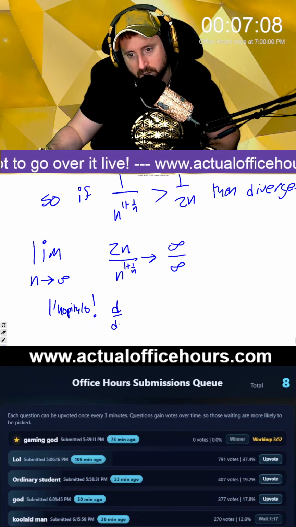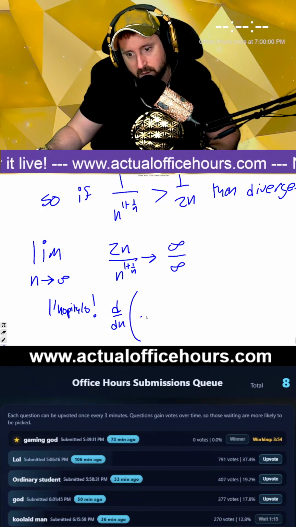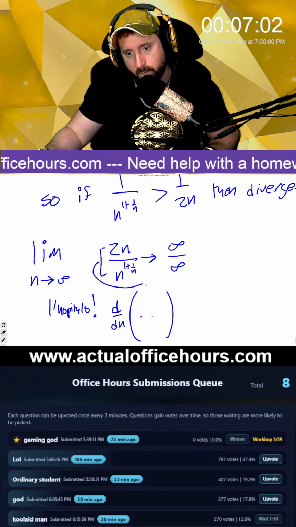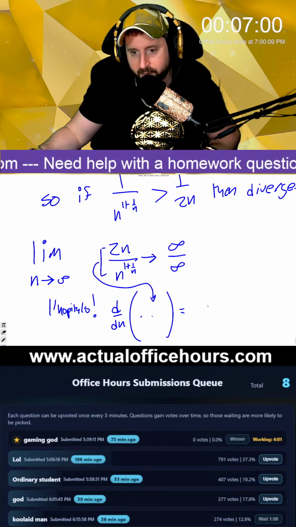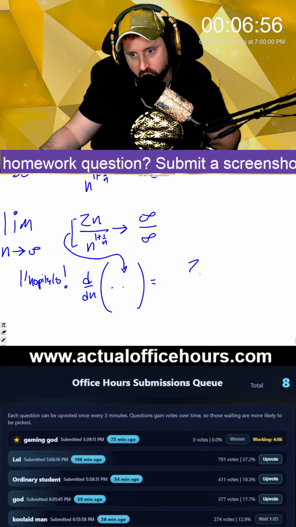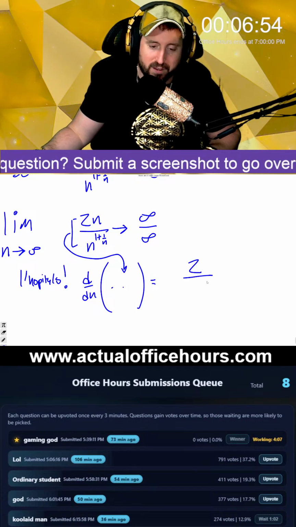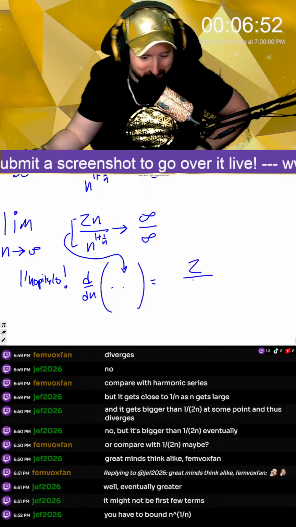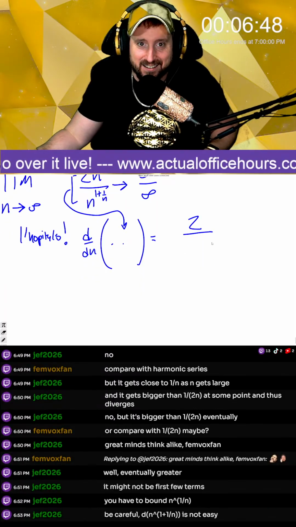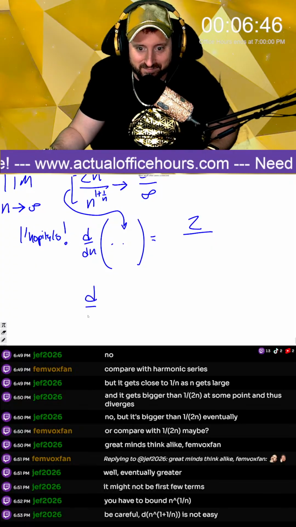So we're going to do d/dn of this whole thing, the top and the bottom. Derivative of the top is just 2. What is the derivative of n to the 1 plus 1 over n? You have to use your natural log stuff.